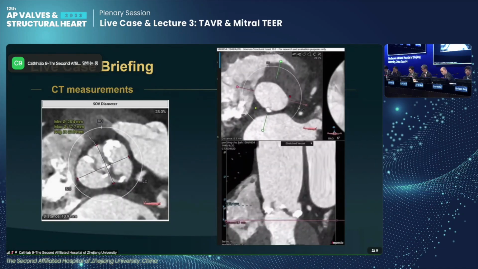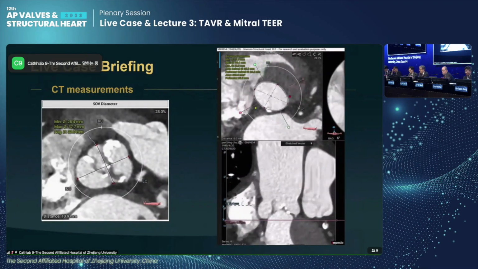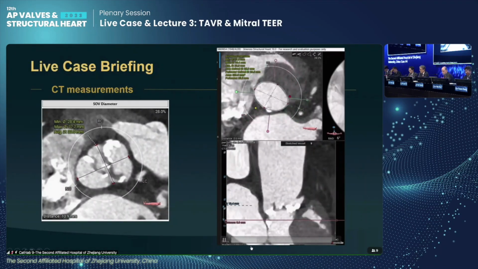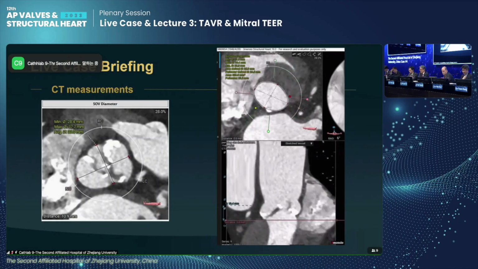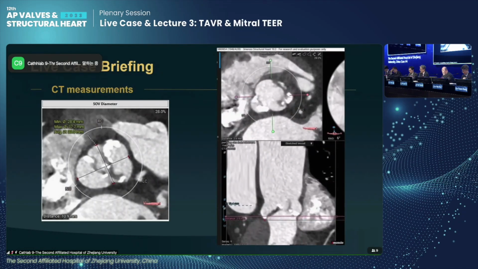So we can see from the bottom of the annulus, right there. We have to clarify whether this is type 1 or type 0.